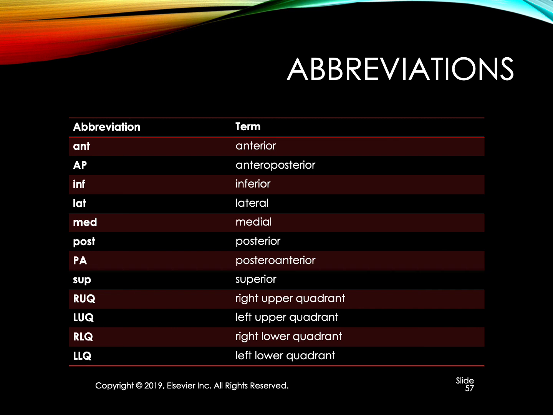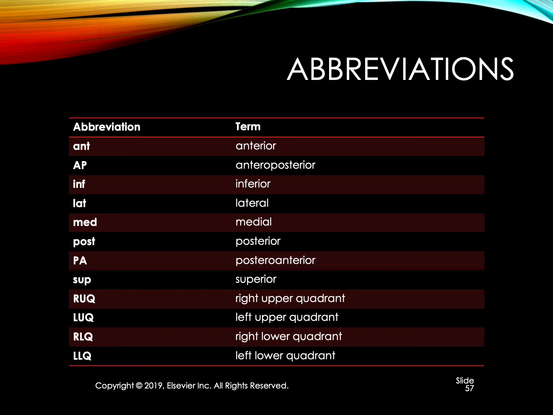INF is how we shorten inferior. LAT is how we shorten lateral. MED is how we shorten medial. And POST is how we shorten posterior. Now, when we're talking about postero-anterior, which is the flip of front to back, this is back to front, it is abbreviated PA. No, that's not Pennsylvania.